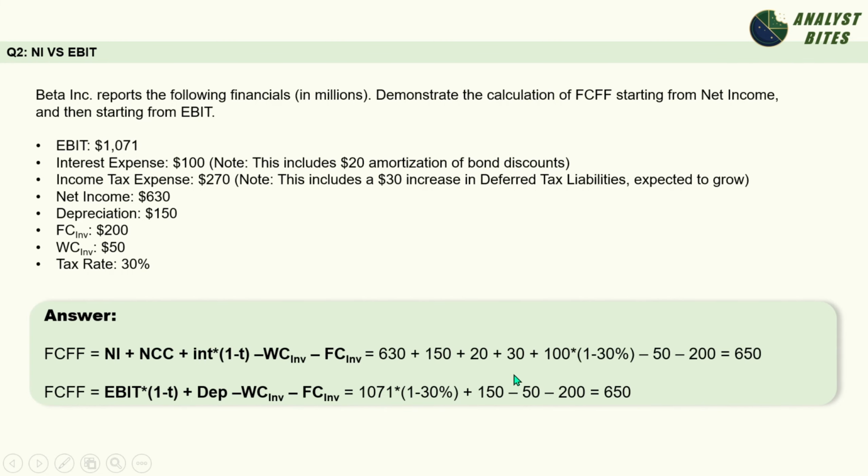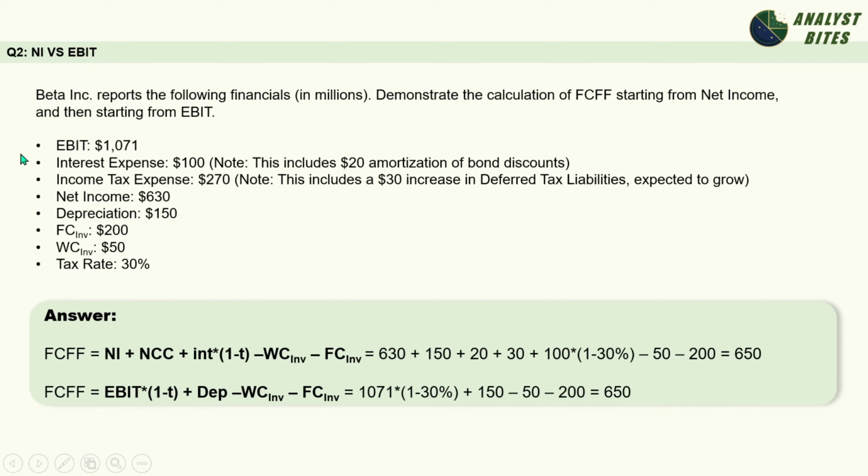Plug the full NCC into the formula, add back the after-tax interest, subtract working capital investment and fixed capital investment, and you get exactly 650.